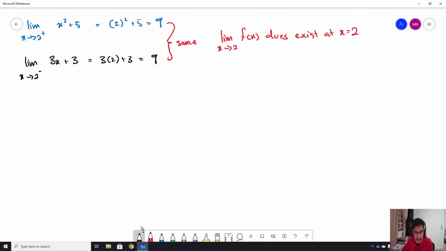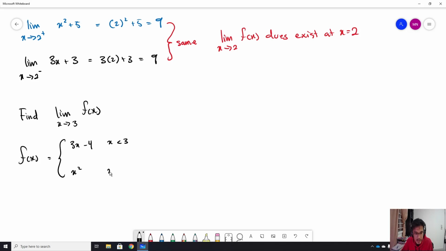So now let's try another example, is to find limit x approaching 3 of f(x). So f(x) is equal to 3x minus 4, x square. x is less than 3, x is bigger than or equal to 3. So for limit x approaching 3 from the right, it is equal to x square. So means 3 square equal to 9.